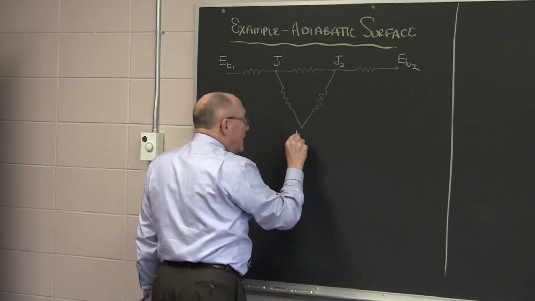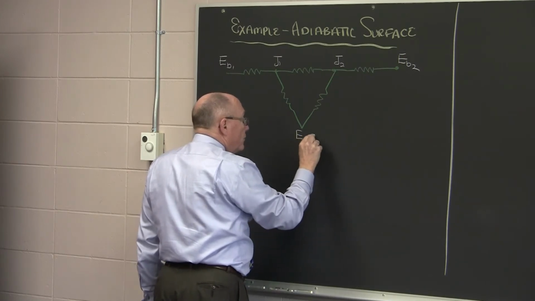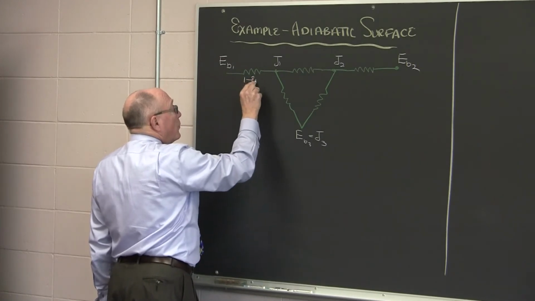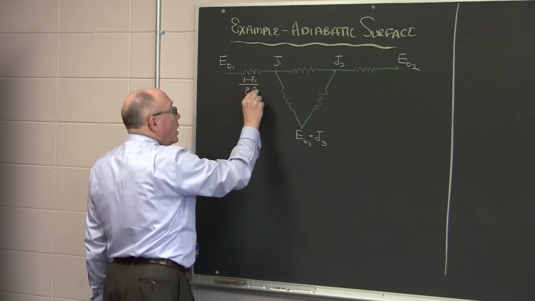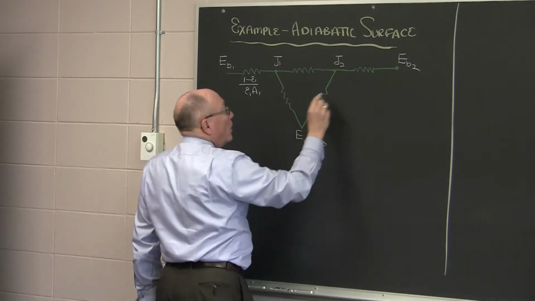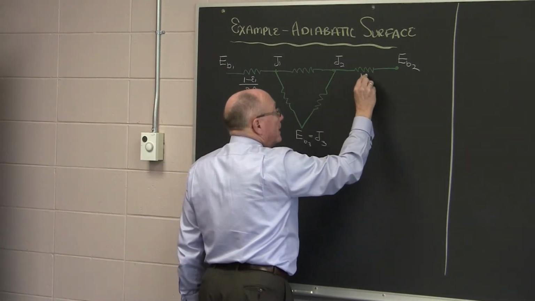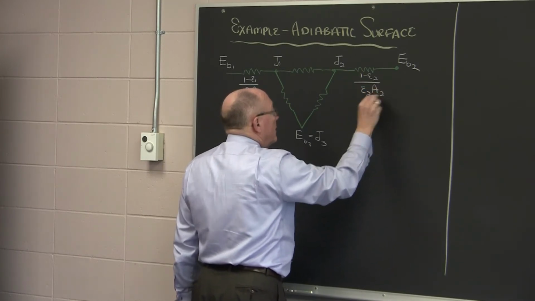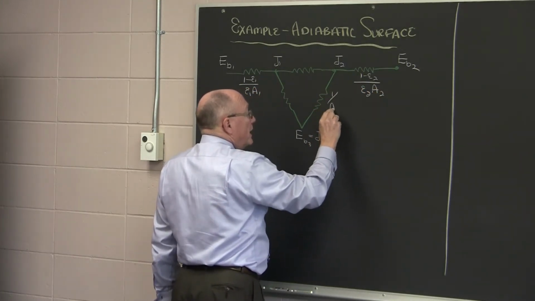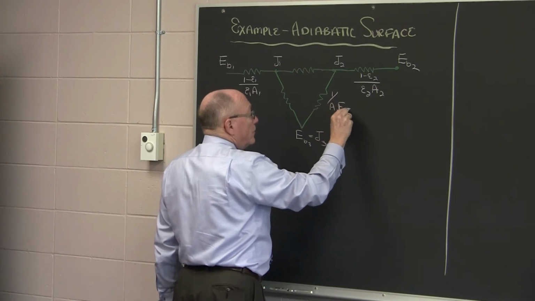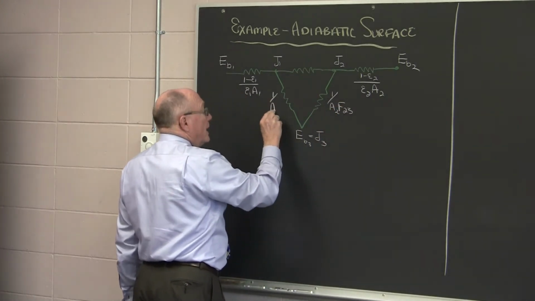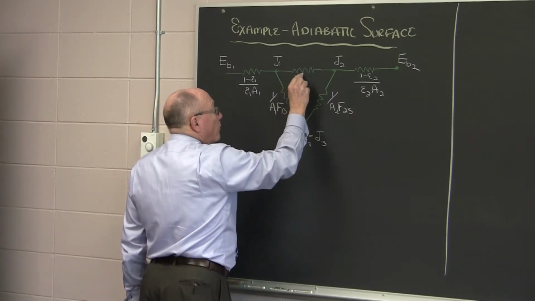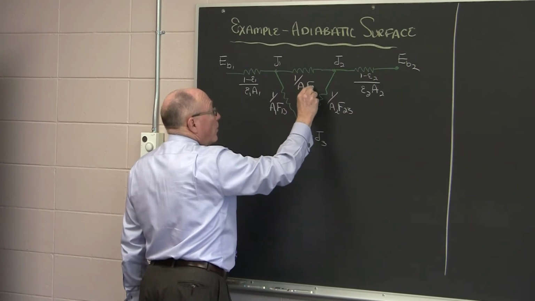This would be EB3, which as you know would be equal to J3. This would be 1 minus epsilon 1 over epsilon 1 A1. 1 minus epsilon 2 over epsilon 2 A2. This would be 1 over A2 F2 to 3. This would be 1 over A1 F1 to 3. And this would be 1 over A1 F1 to 2.